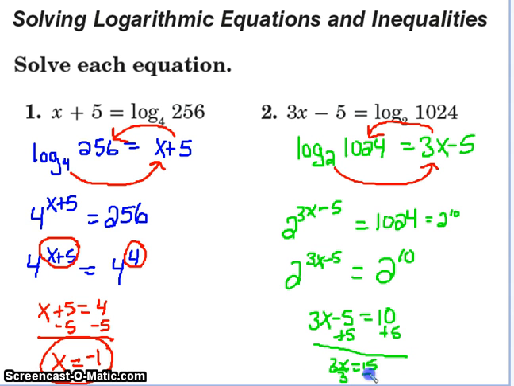And when I divide both sides by 3, then x is going to equal 5. And if we want to check that, 3 times 5 is 15, minus 5 gives us 10, and so if we have a 10, log base 2 of 1024 is equal to 10.